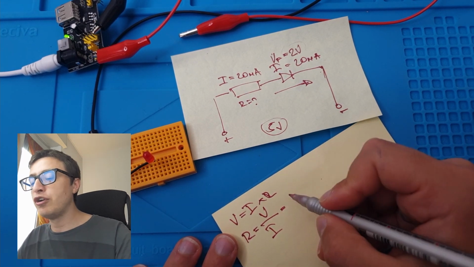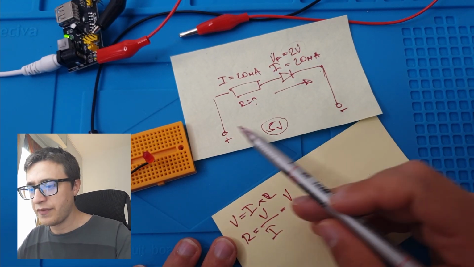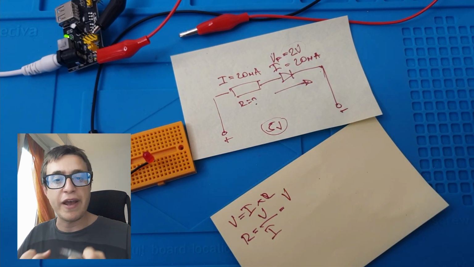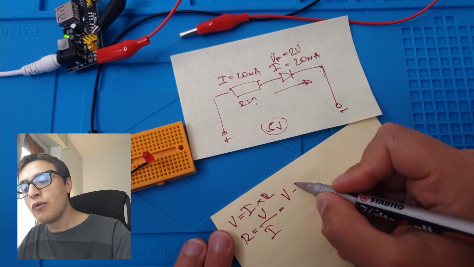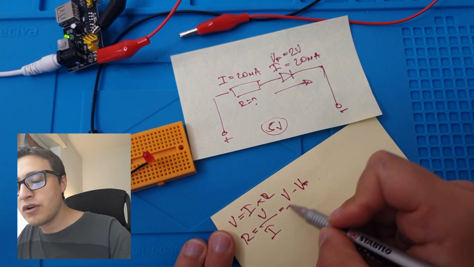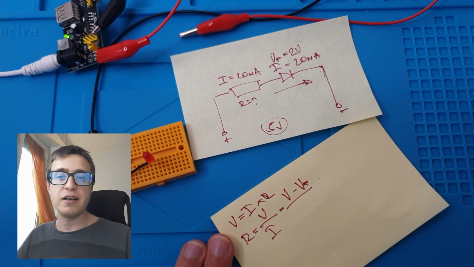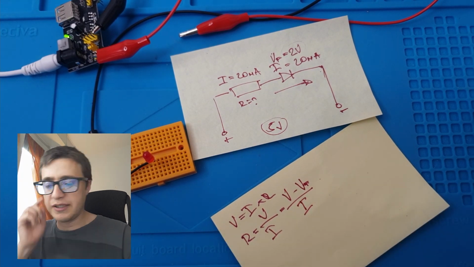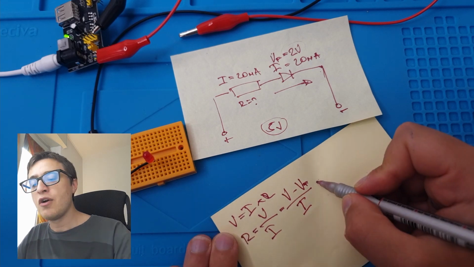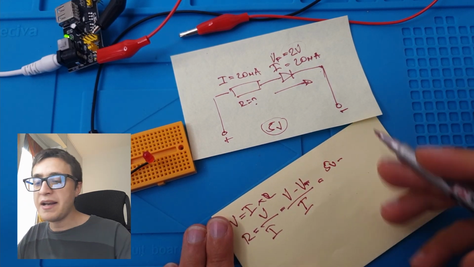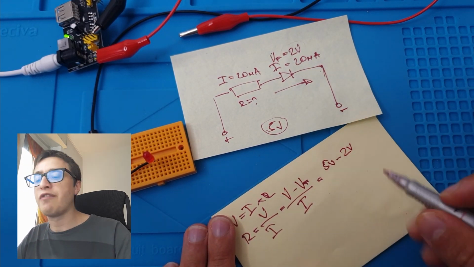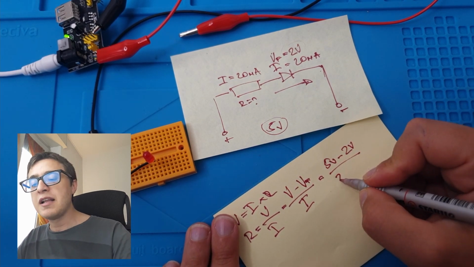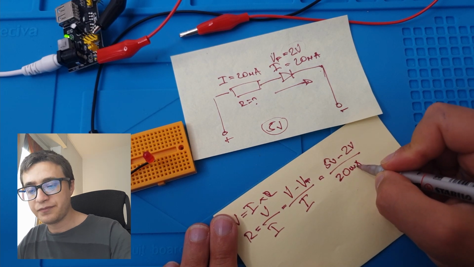One is the voltage generated by the source, and one is the diode, which is taking voltage away from the system. So we subtract the forward voltage, and we divide it by the current. So in this case, we have 5 volts minus the 2 volts that we found from the manufacturer's sheet, divided by 20 milliamps.